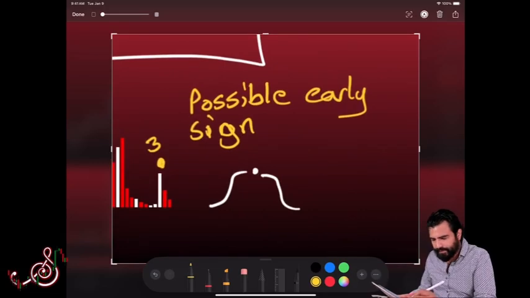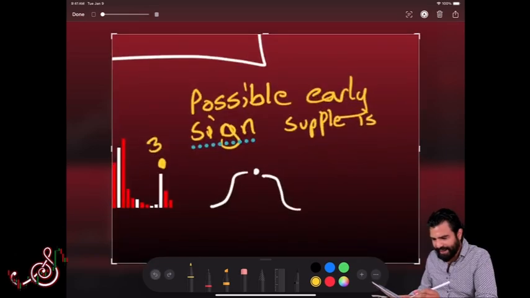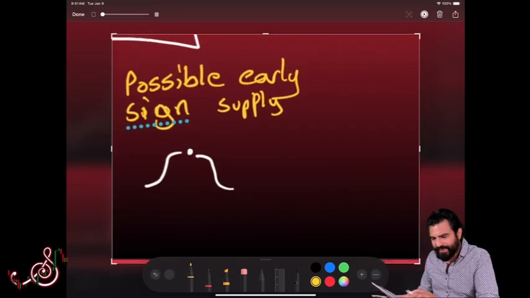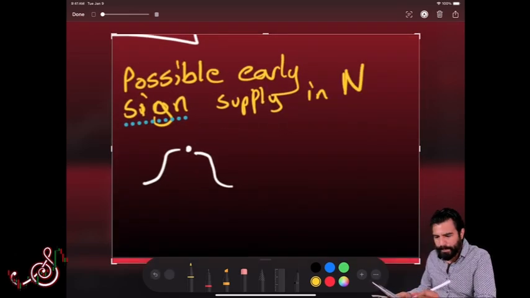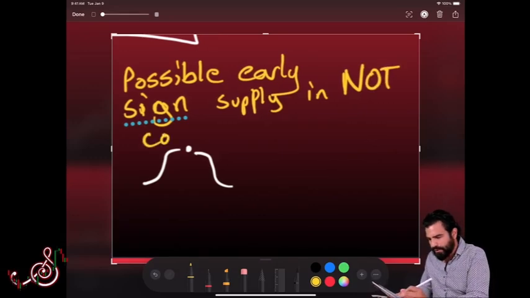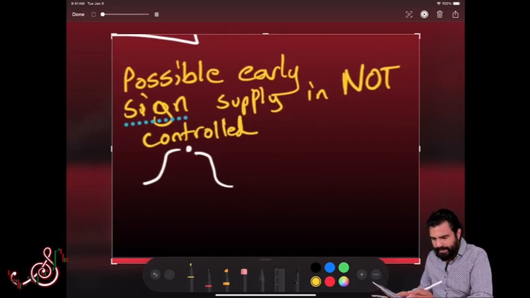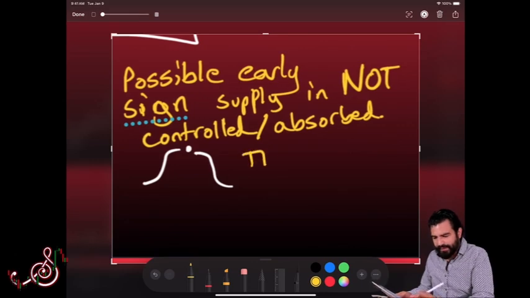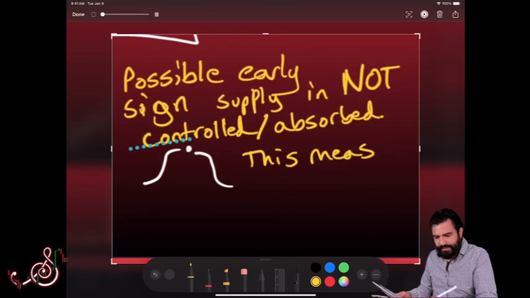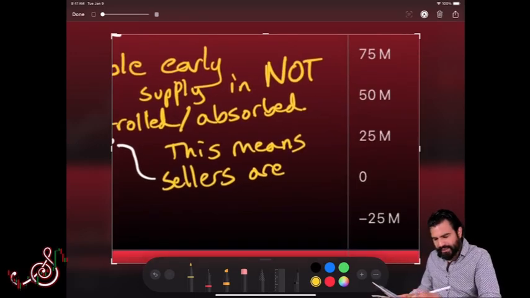Possible early sign, supply is not controlled / absorbed. This means sellers are not yet winning.